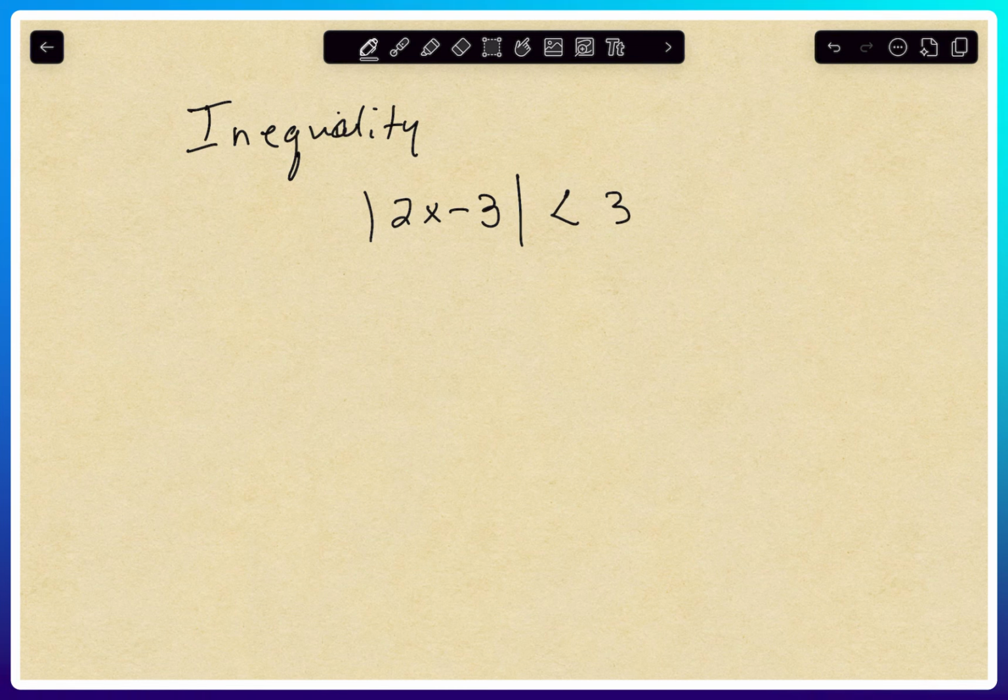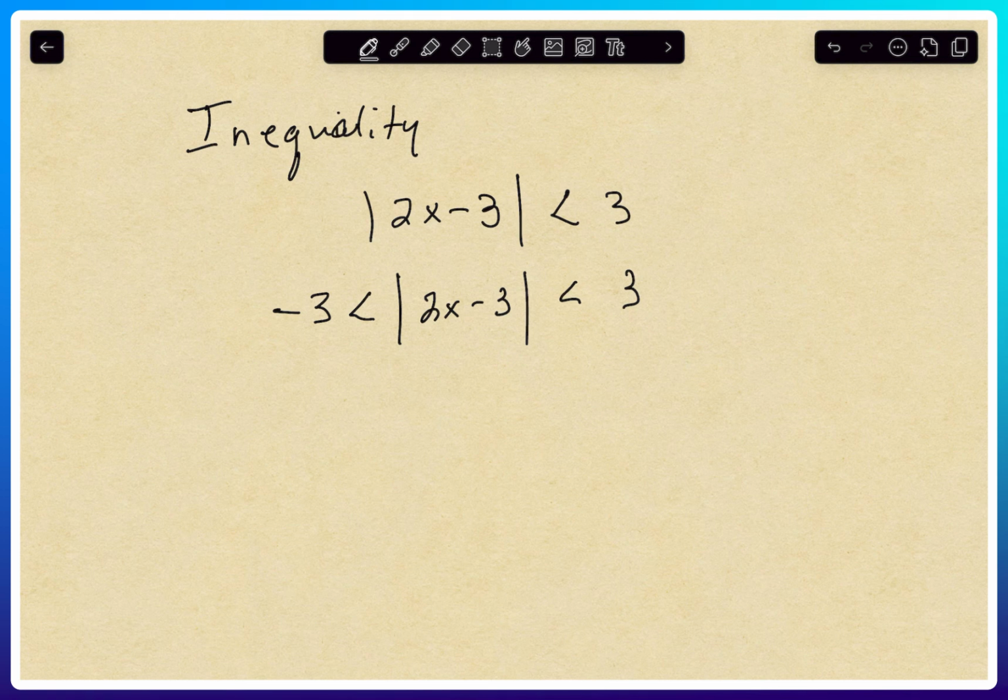So we're going to say negative 3 is less than the absolute value of 2x minus 3, which is less than 3. That's how that problem's set up. And it falls into a number line.